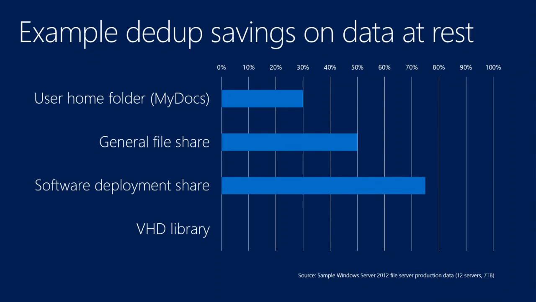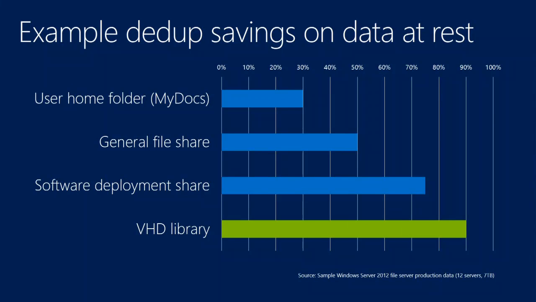So, for instance, a software deployment share, where you might have multiple versions of software or multiple copies of things, you'll get better rates. And VHD libraries turned out to be one of the nice sweet areas where we could get something in the 80 to 90% range for VDI libraries.